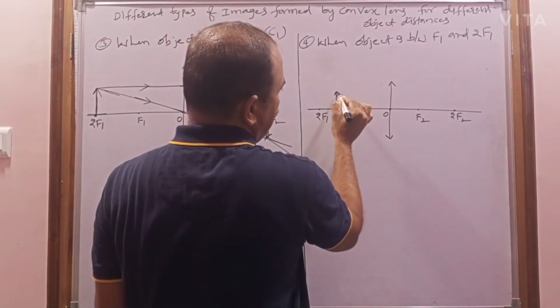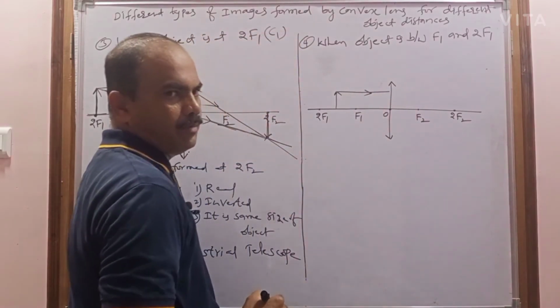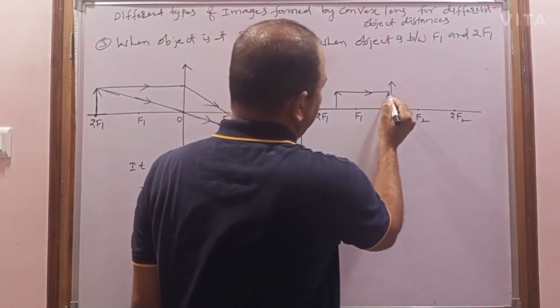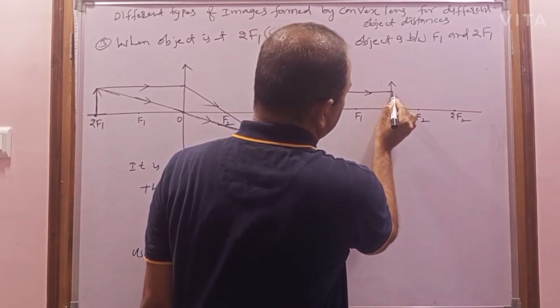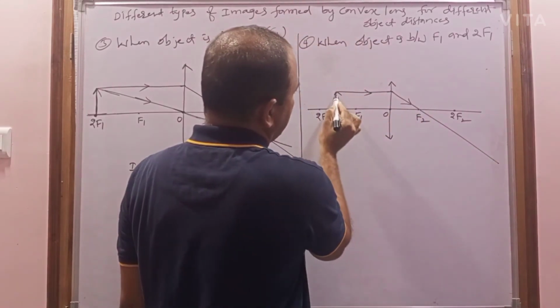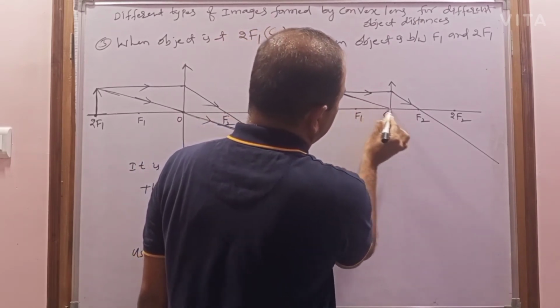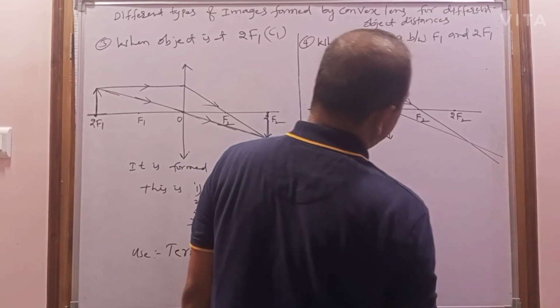So how can we draw it? One incident ray parallel to the principal axis I am taking from the top of the object. After refraction, it passes through the focus on the other side of the lens. Next I am taking the incident ray that passes through the optic center. After refraction, it continues the same path.